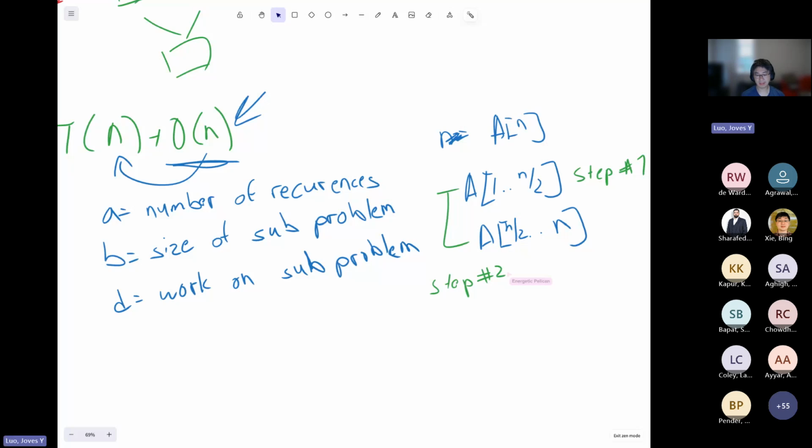The O of n represents how much you're working with, the input of your subproblem. If the input of your subproblem is 2, your O of n is 2. If the input of your subproblem is 5, your work on that is 5. So that O of n represents how much work you're doing on the subproblem. The problem with doing it across the entire array each time is that the subproblem never gets smaller, and since the subproblem never gets smaller, your work doesn't get any better at each subproblem.